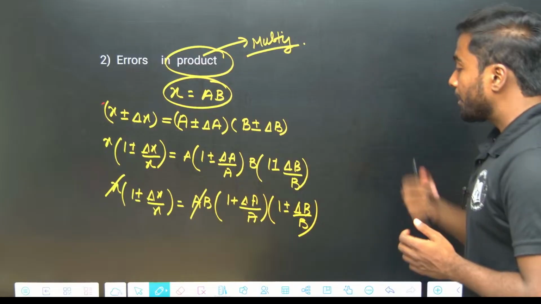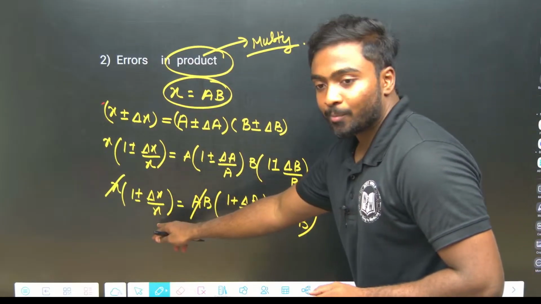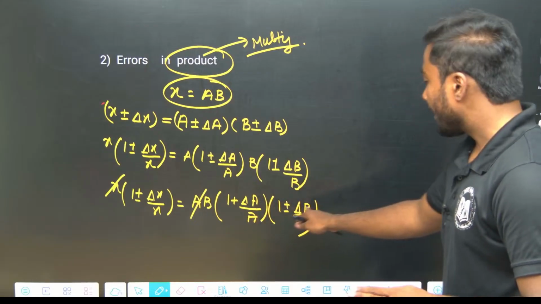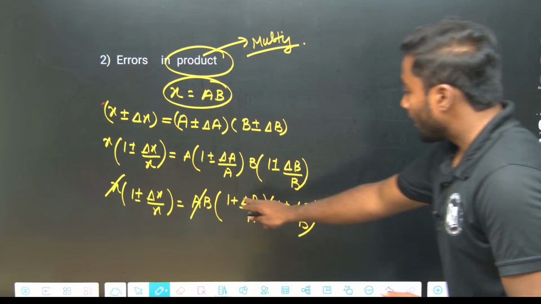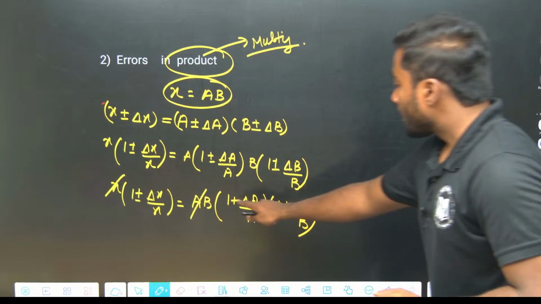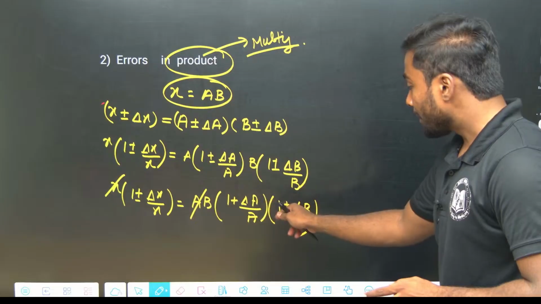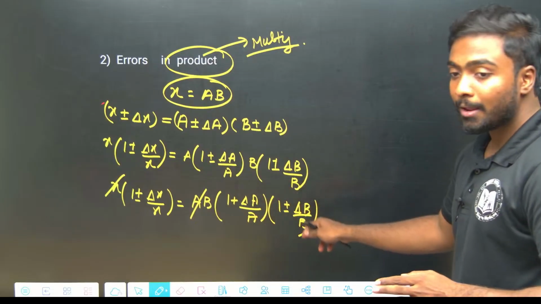Now 1 plus or minus delta x by x is there, and the remaining is the multiplication of delta a by a and delta b by b. If I multiply everything: 1 into 1, 1 into delta b by b, delta a by a into 1, delta a by a into delta b by b.